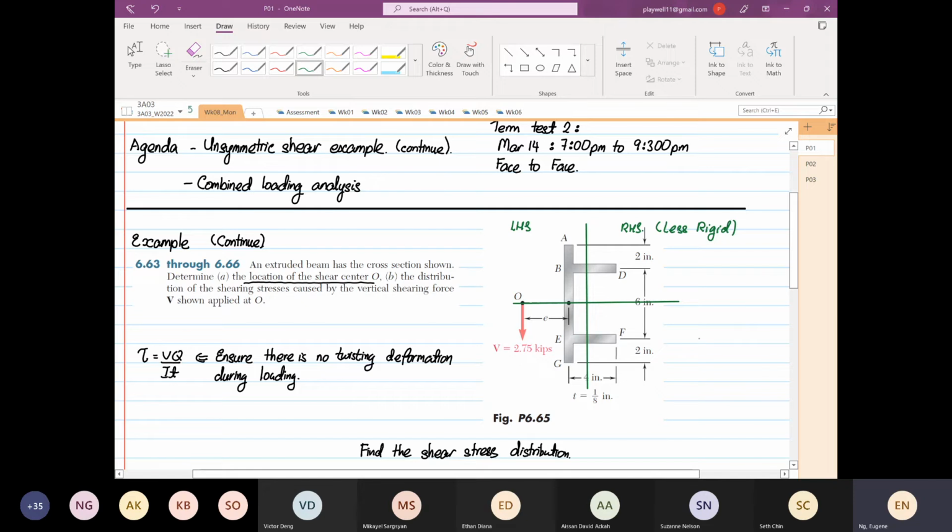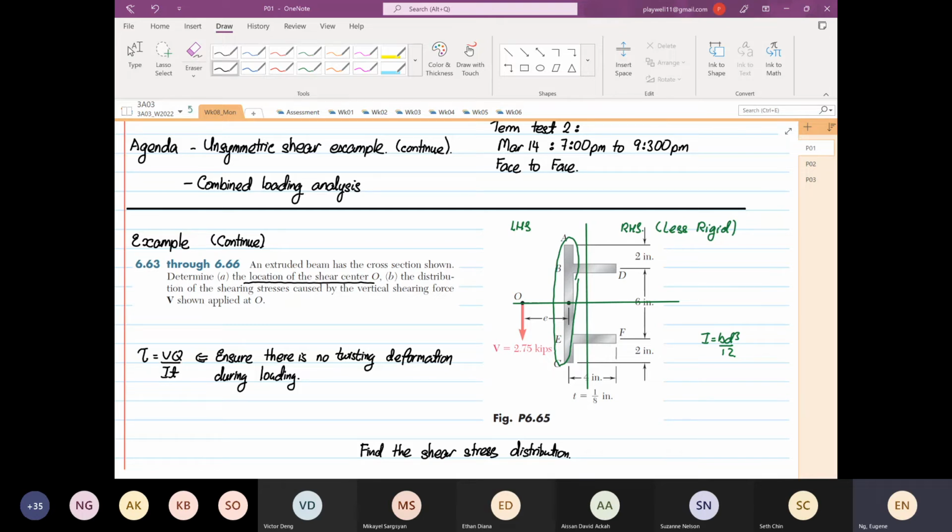We know that the second moment of area I is equal to BD cubed over 12. On the left-hand side, look at the D. You have a very high depth geometry to resist the twisting. So that's why the right-hand side is less rigid than the left-hand side, so the structure will twist.